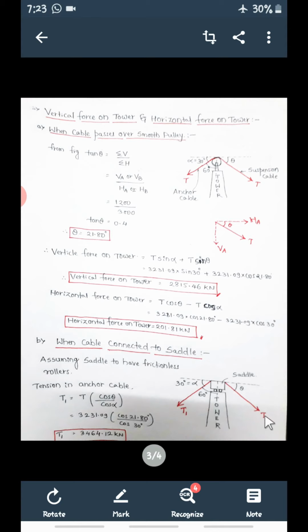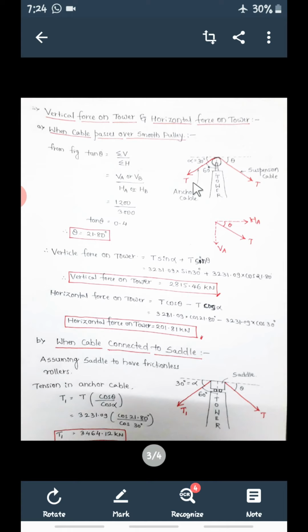On one end it is the suspension cable, and the tension in this cable is T, and on the other end the anchor cable has tension T1. See here, this T and this T1 are different. Why? In the earlier case both were the same, T and T, because it was a roller, a frictionless pulley.